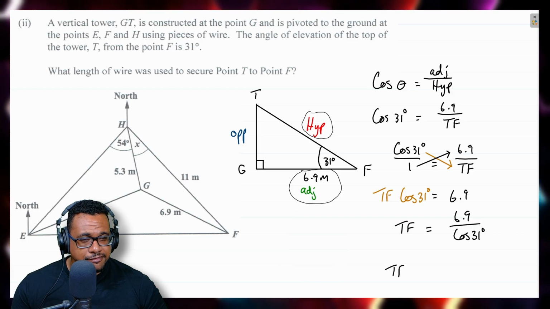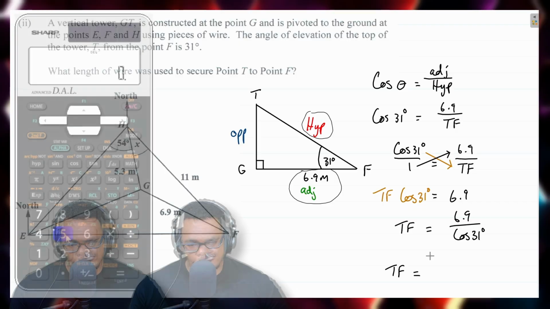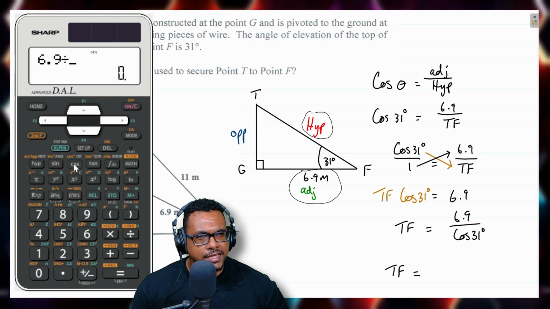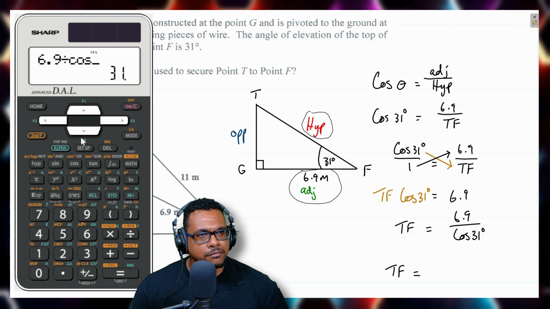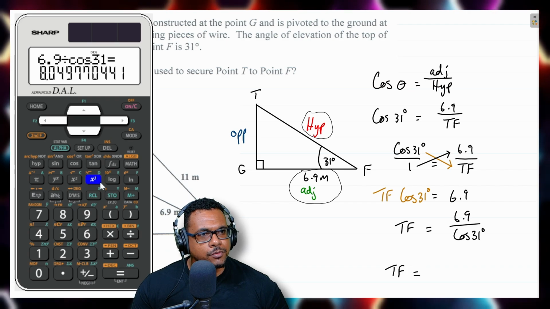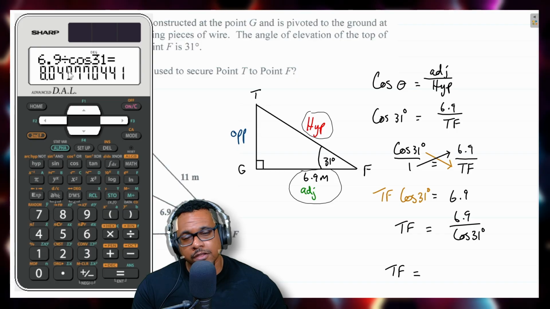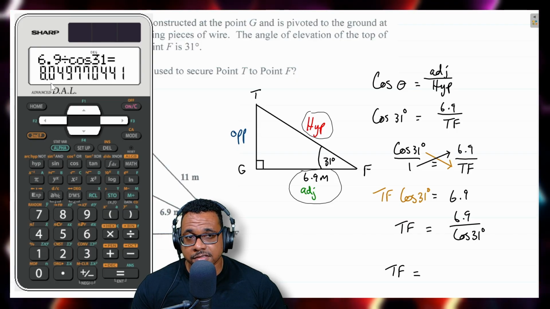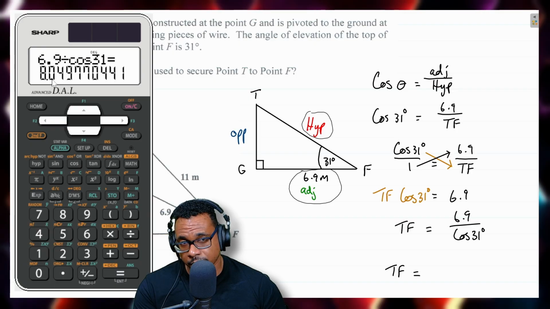So TF is equal to 6.9 divided by cosine of 31. Make sure my calculator is in degrees. Press equal, and we have 8.049. Now in the exam, you always want to approximate these answers to 3 significant figures. If it's an angle, you use 1 decimal place.